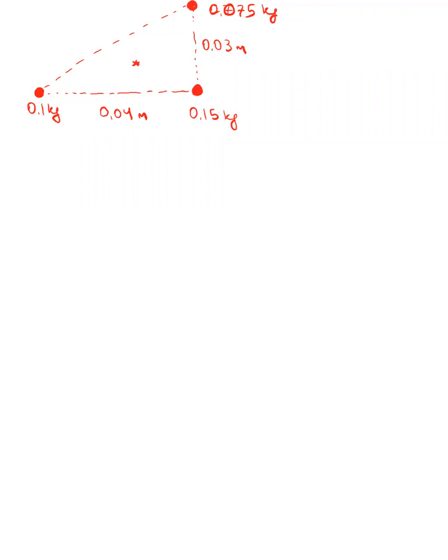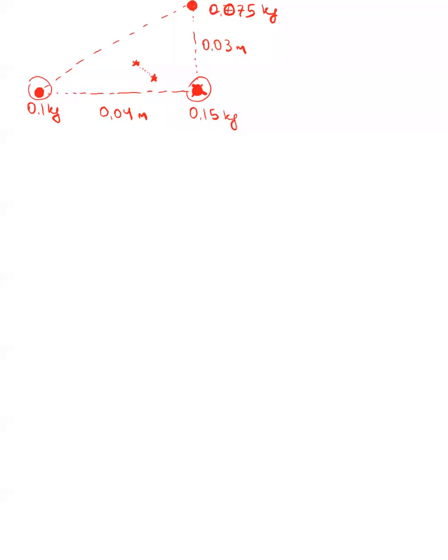But since they are not of the same mass, these bottom 2 are heavier, and this one is the heaviest, we expect the center of mass to move toward the down right direction, southeast. So let's see if that's indeed the case.